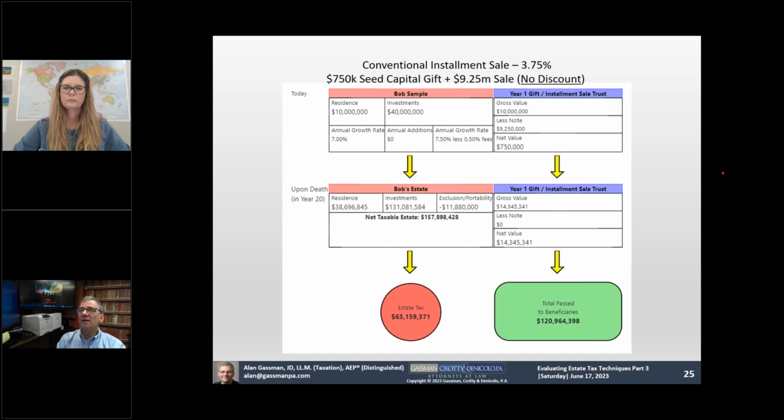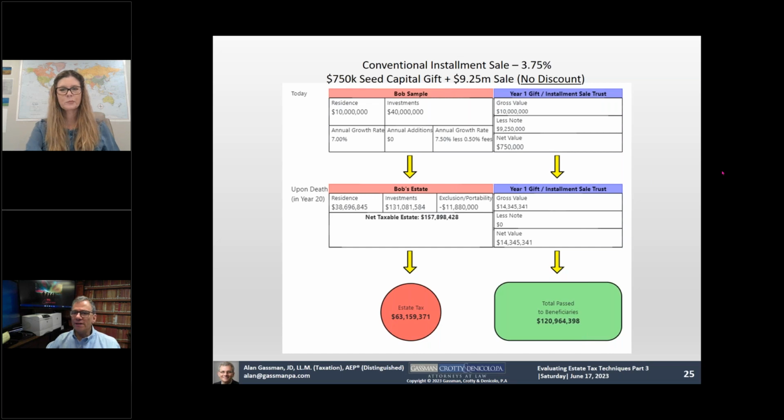That's the long-term applicable federal rate, semi-annually compounded, even though he doesn't have to compound it semi-annually. This is an interest-only note, so he's going to get back interest of about $250,000 a year. And in the meantime, these assets are going to grow.